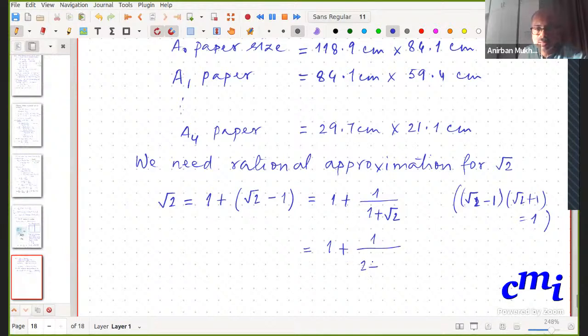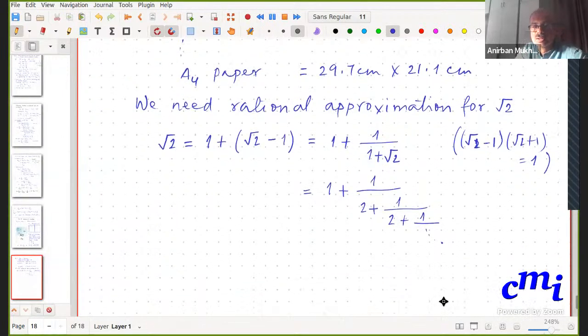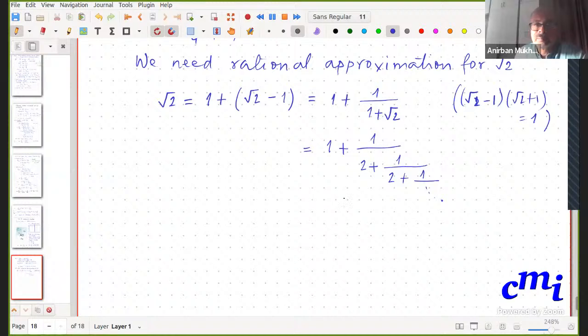So 2 plus 1 over 2 plus 1 over, and it just goes on like this. So what we get is 1, 2, 2, and so on till infinity. That's a single 1 followed by infinitely many 2s. That's the continued fraction expansion for square root of 2.